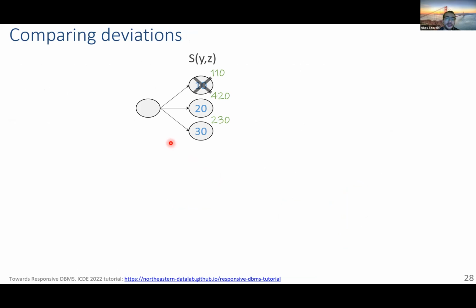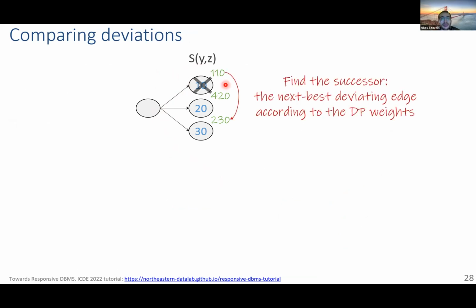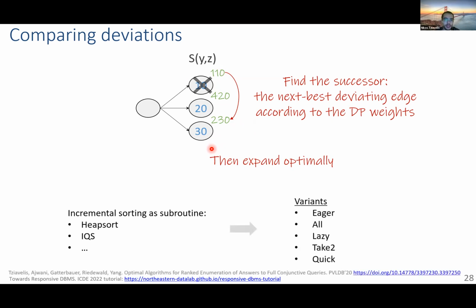Basically, whenever we make a deviation, let's say at relation S, all we have to do is compare the optimal weights of dynamic programming to find what we call the successor. That's basically the next best deviation at this particular stage. And after we pick this deviation, we just expand optimally in the same way dynamic programming does.